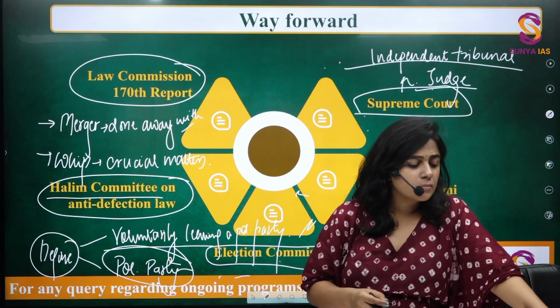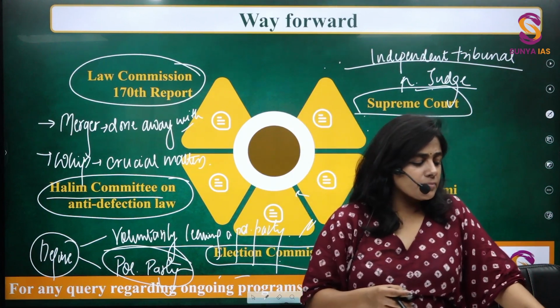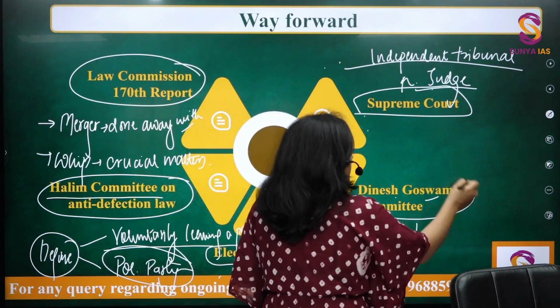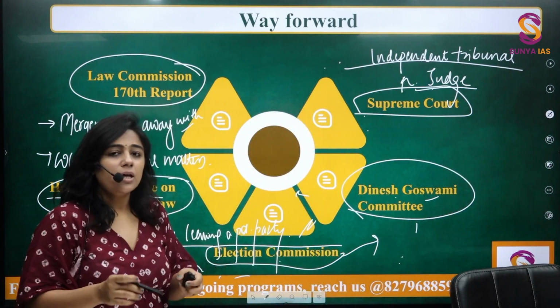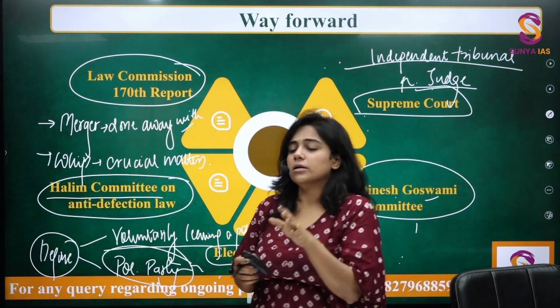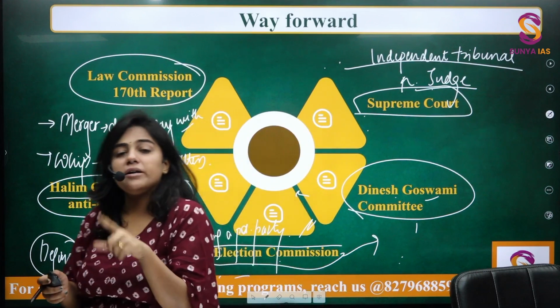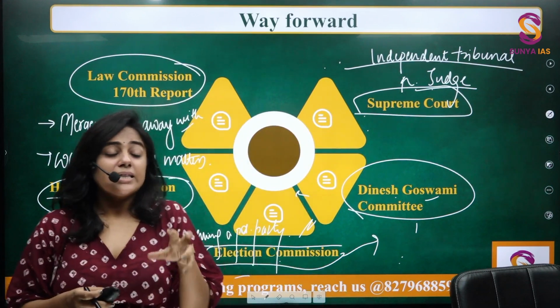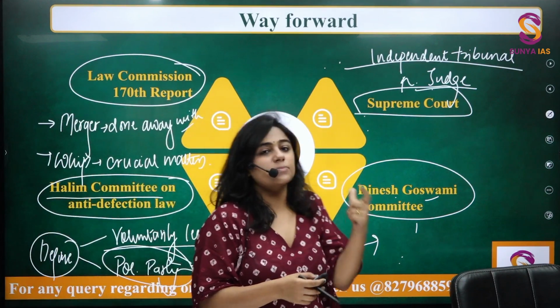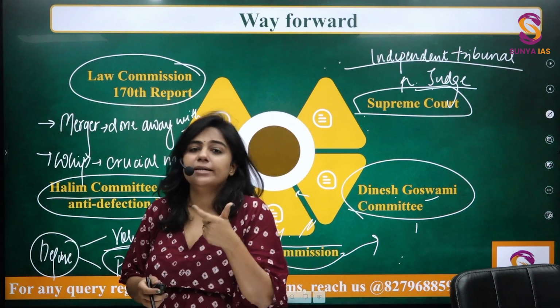Then, again, the Dinesh Goswami Committee has said something which is similar to the Law Commission's 170th report. It has said that you cannot stifle the freedom of speech and expression of a parliamentarian.